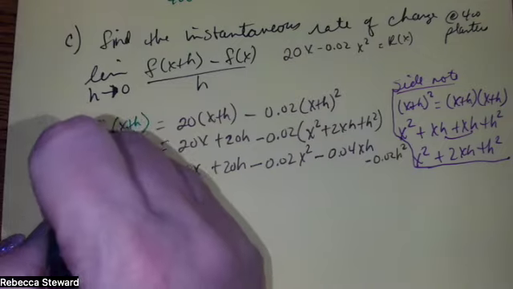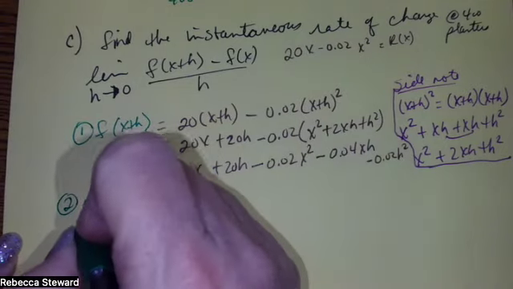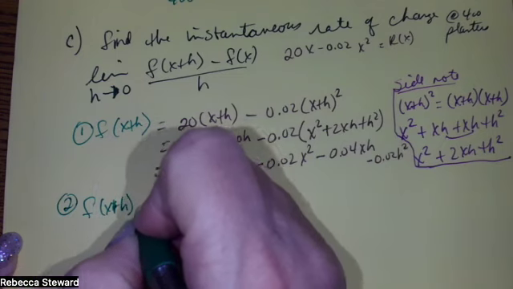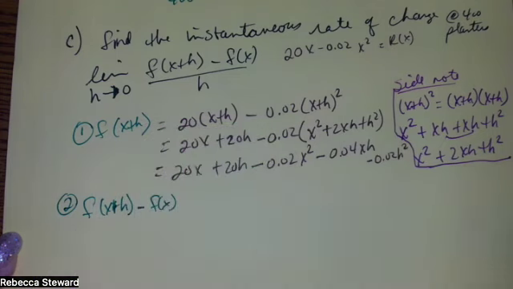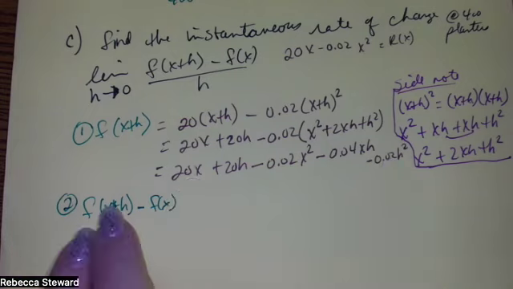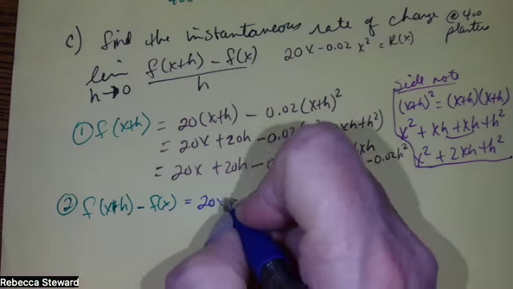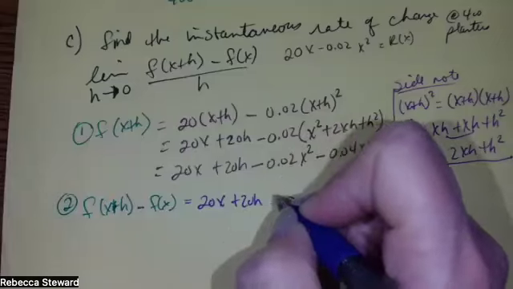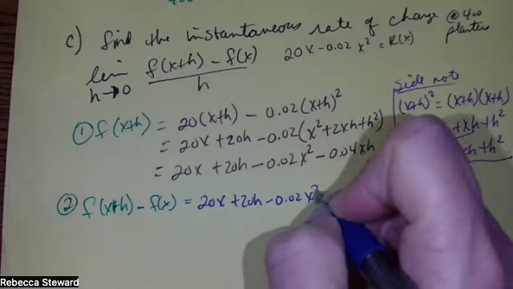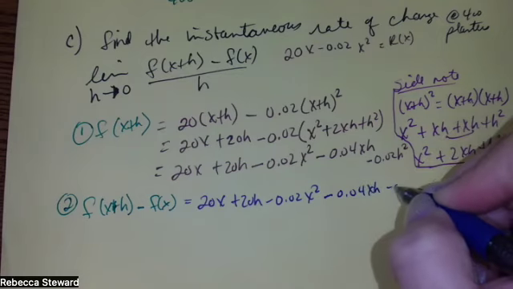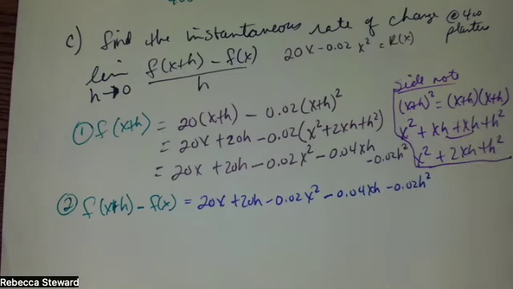Okay, so the second part is going to be our f of x plus h minus the f of x. Well, this part here is our f of x plus h. So let's switch colors. So we're going to have our 20x plus 20h minus 0.02x squared minus 0.04xh minus 0.02h squared.